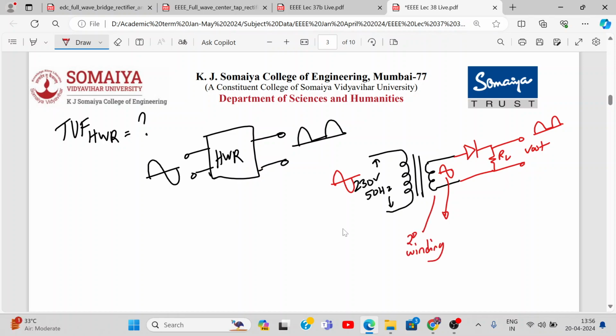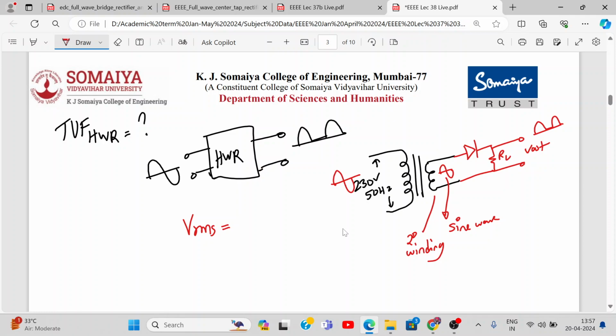So at the secondary winding, what is my value of VRMS? Now this will be tricky. In a half wave rectifier, the transformer will supply secondary voltage of pure sinusoidal nature, like a sine wave available at the secondary winding.